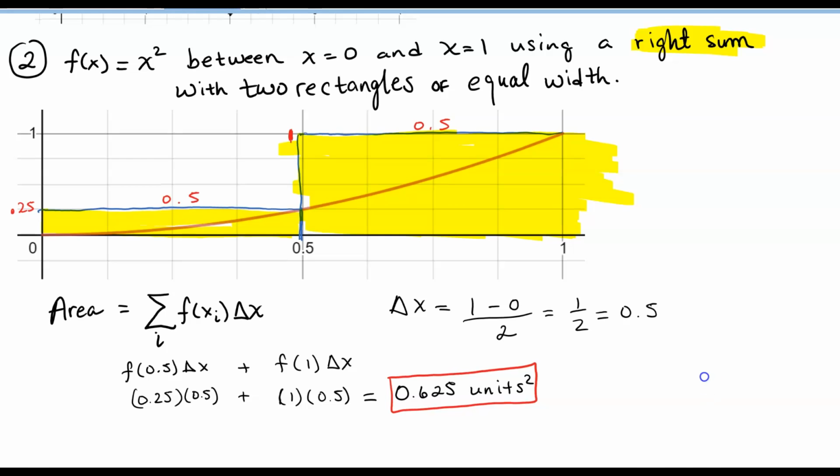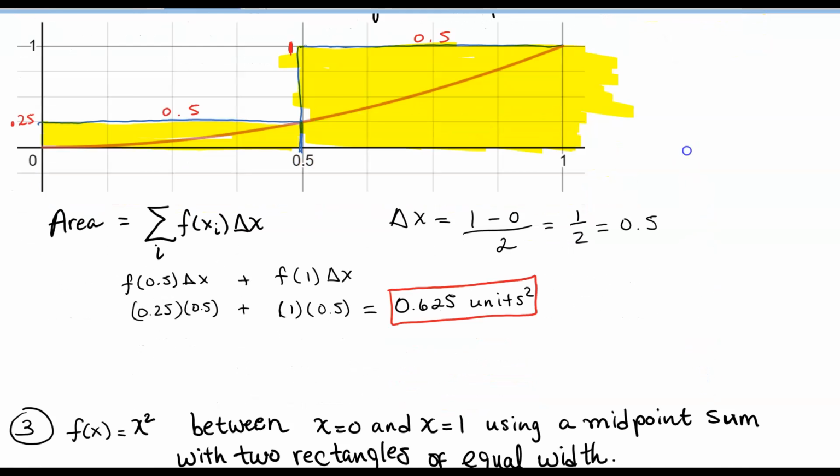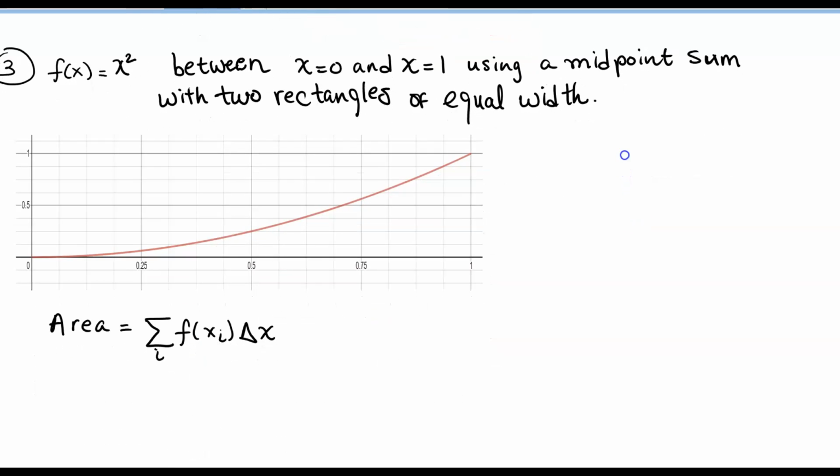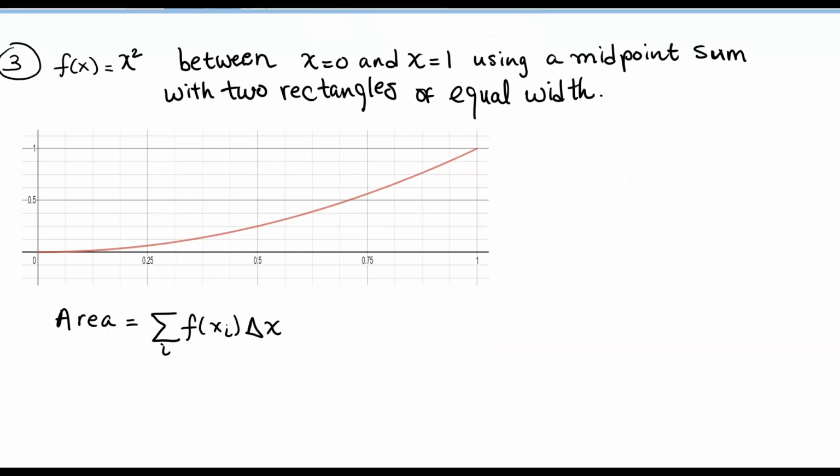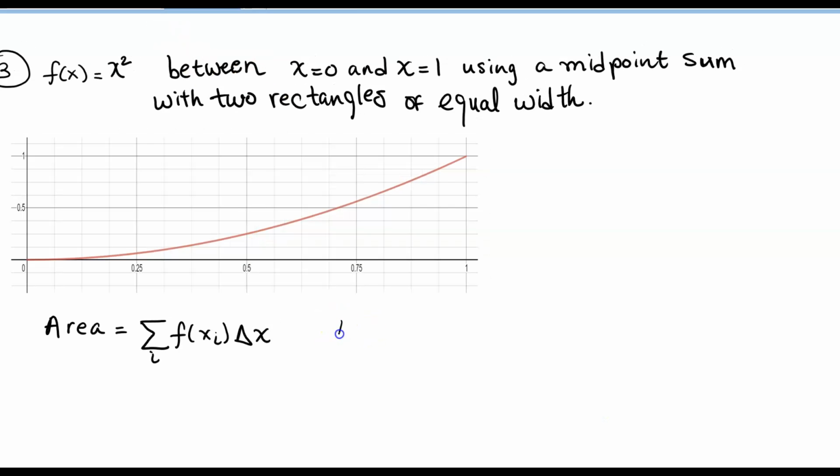So let's take a look at one more example here, number 3. We're looking at f of x equal x squared between 0 and 1 again, this time using a midpoint sum with 2 rectangles of equal width. First we calculate our delta x, final minus initial, 1 minus 0 divided by 2, again half, 0.5.